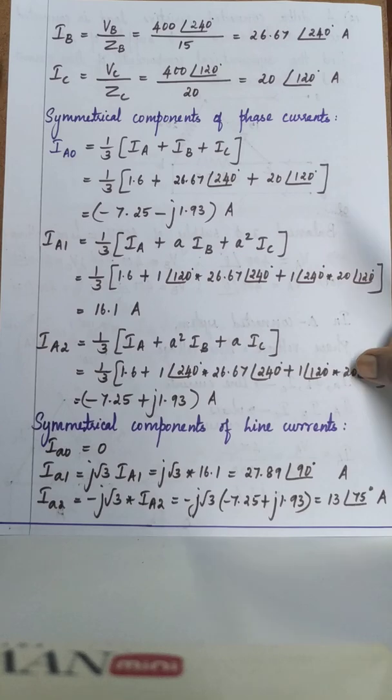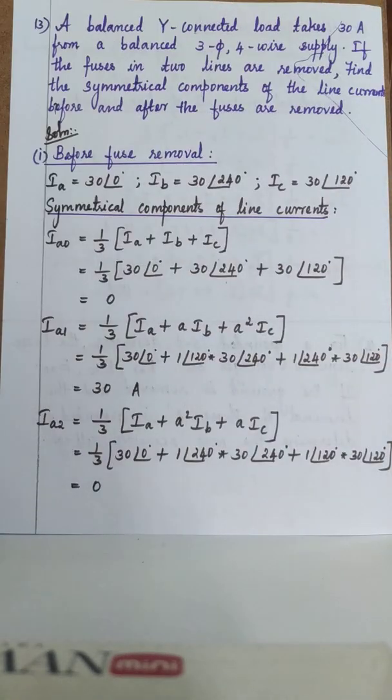Coming to problem number 13. A balanced star connected load takes 30 amperes from a balanced 3-phase 4-wire supply. So 3-phase 4-wire means it is a star connected system.